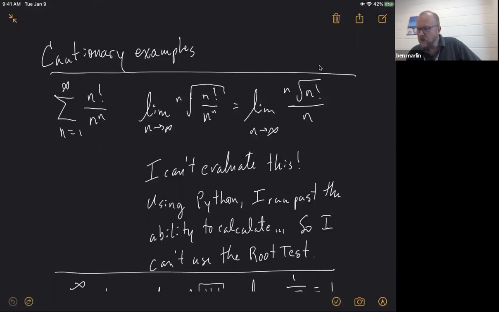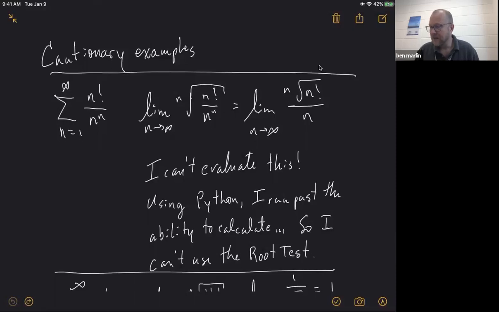So if we try to tackle it using the root test, the problem we run into is that right here, you have the nth root of n factorial. I don't know what the answer to that is. I went to Google and tried to see if anybody has this worked out in a way that would be easy to read. I didn't find anything about it.